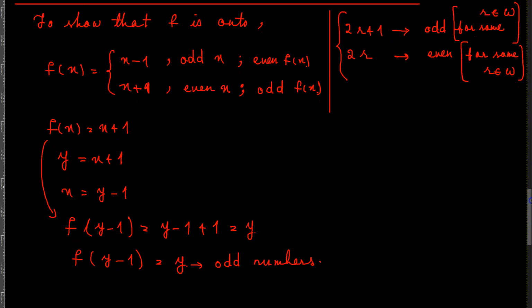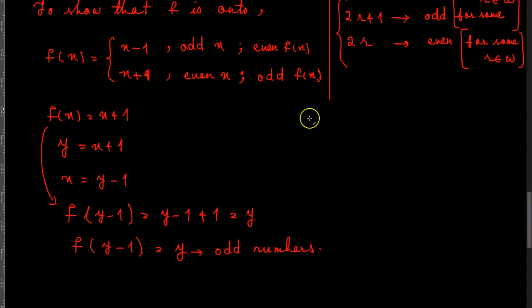Which means that if I have 2r plus 1 in the codomain of the function, I need to have 2r plus 1 minus 1, which is the same thing as 2r. Which means that any 2r that I input into this function is going to give me some 2r plus 1, which is of course going to be an odd number.